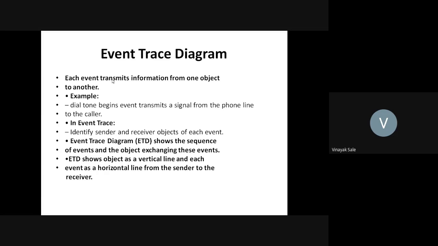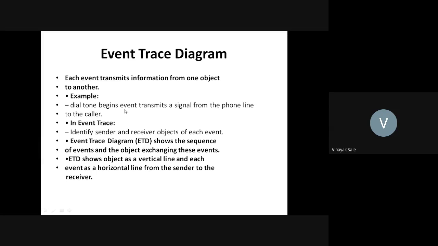Each event transmits information from one object to another object. In the case of the phone line, you have studied that when lifting the receiver, the receiver is one object and the other object is the person, the caller. The receiver gives the dial tone. So this signal, or event, transmits information from one object to another.